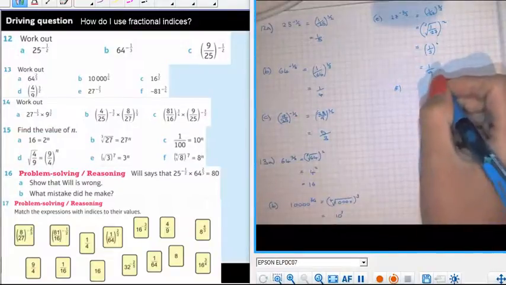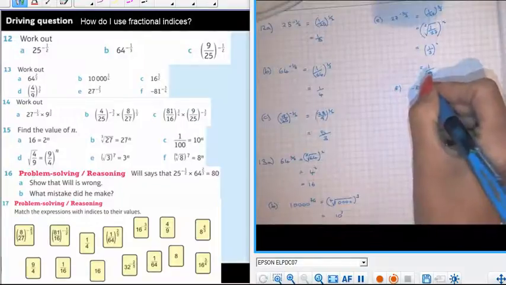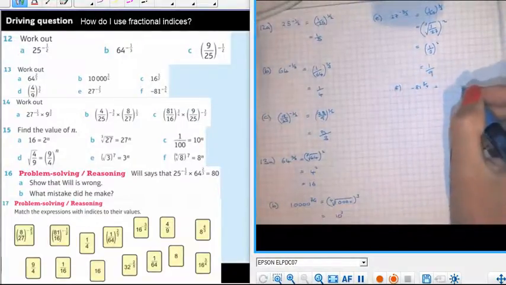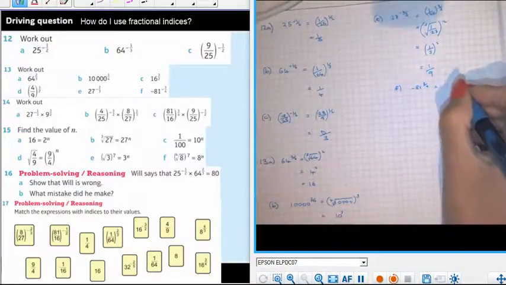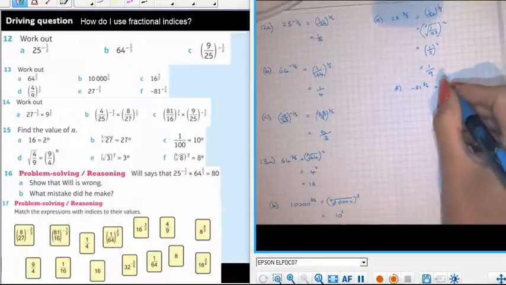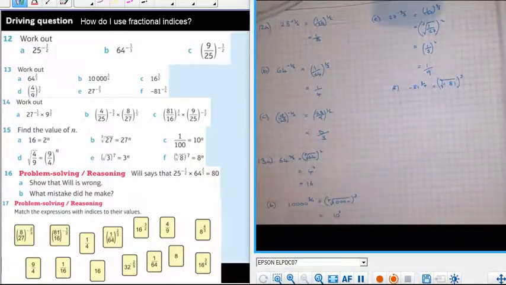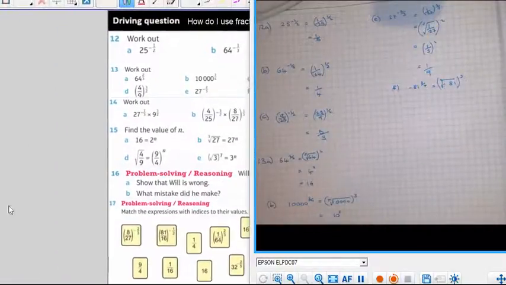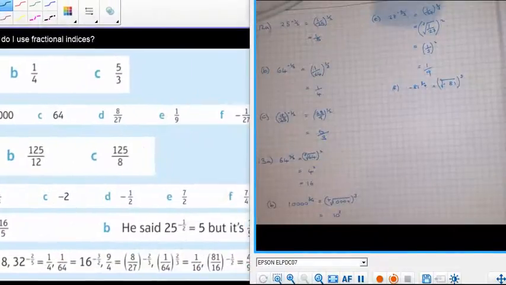13f, negative 81 to the power of 3/4. So I'm going to do negative 81, I'm going to do the fourth root, and then cube it. I'm just going to check something here because I can't do the fourth root of negative 81.